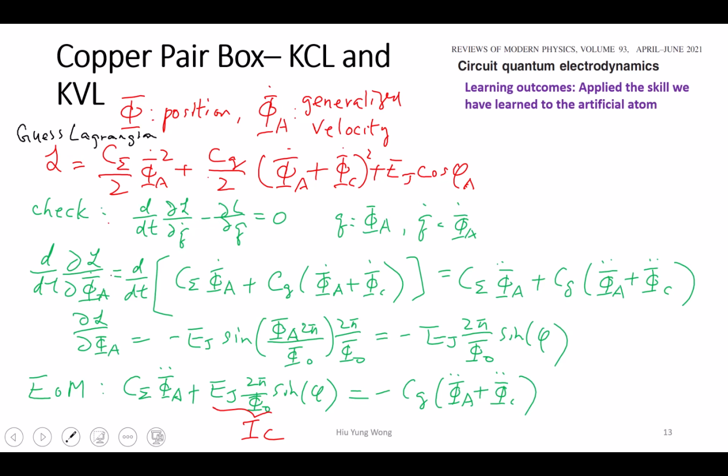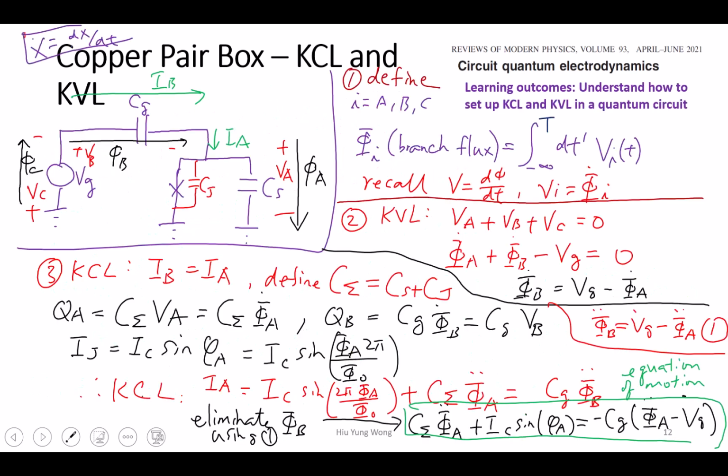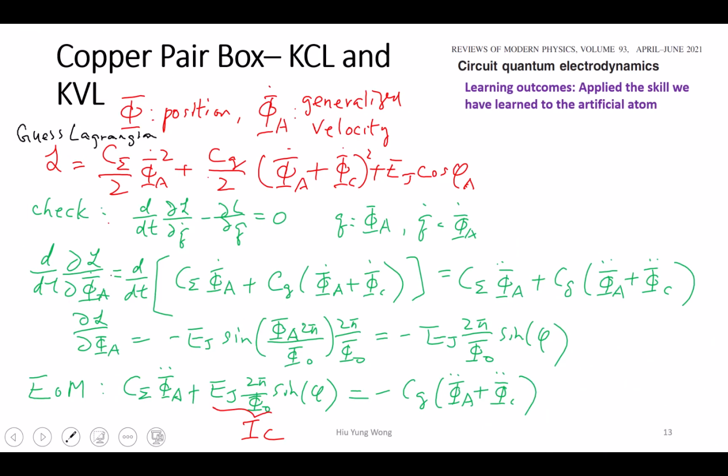Is this okay? So basically what did we do again? We use KCL, KVL to get the flux and also the charge. But we eliminated the charge because the flux is what we're interested in now. To get the equation of motion, because the flux is the location, the x, the generalized coordinate, we get the velocity.